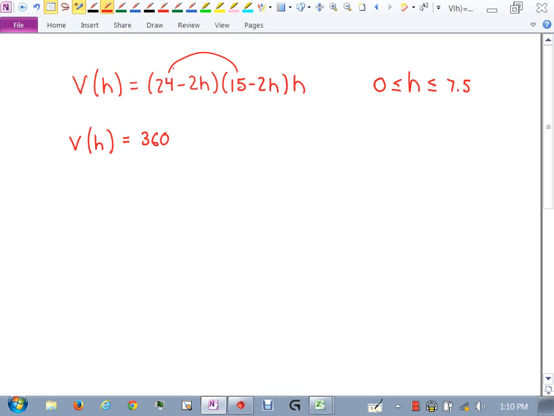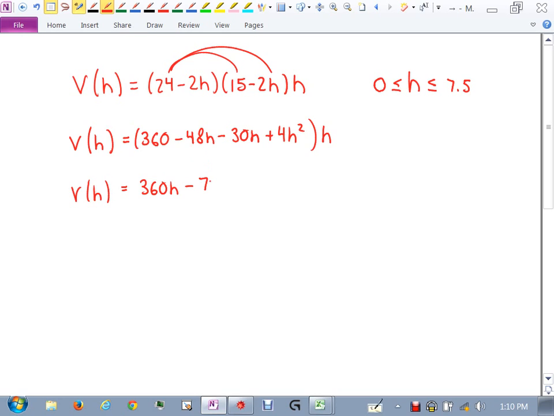I'm just foiling this, right? And then negative 48h minus 30h plus 4h squared, but then all of that times h. So clean that up. We get 360h minus 78h squared plus 4h cubed.